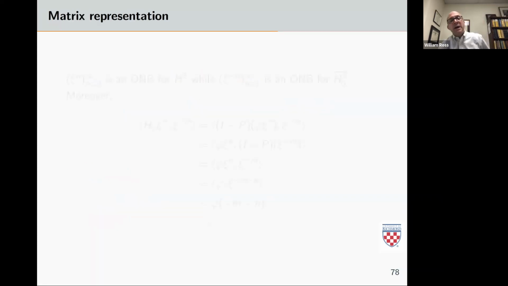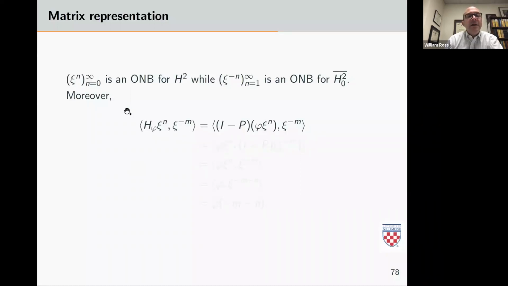All right, so as you can see, I'm very much enamored with the matrix representations of operators. I like to see an operator. So if I take an orthonormal basis for H2, this is the standard monomial basis for H2, where c is a parameter on the circle.